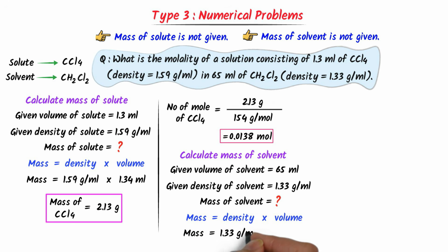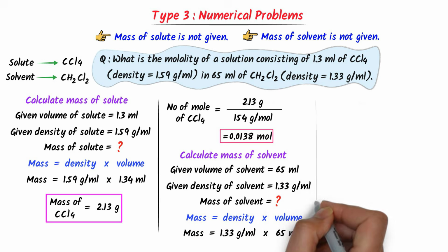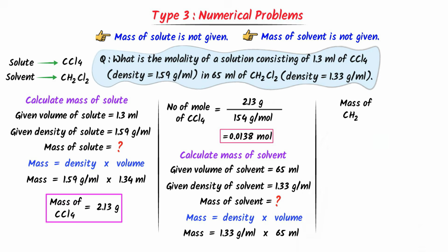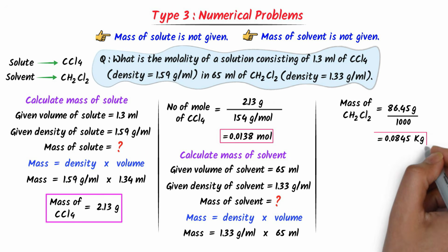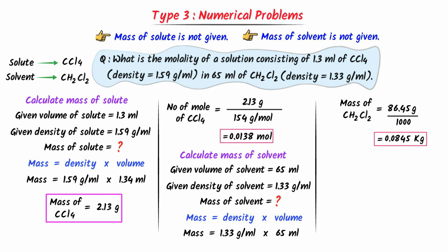Our mass is equal to 1.33 into 65. After calculation, I get 86.45 gram. I need to convert the mass of methylene dichloride to kg. I divide it by 1000. After calculation, I get 0.0845 kg.